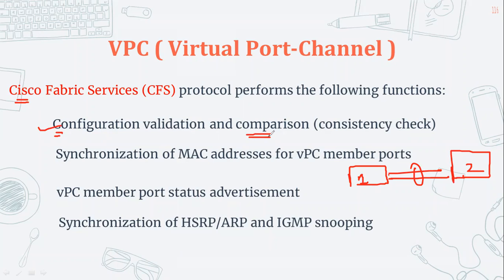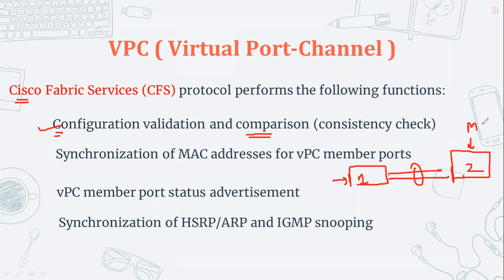Okay, so the configuration between both of your peer devices must be identical. For example, if you're running rapid spanning tree on switch 1, you need to make sure that you're also running rapid spanning tree on switch number 2.